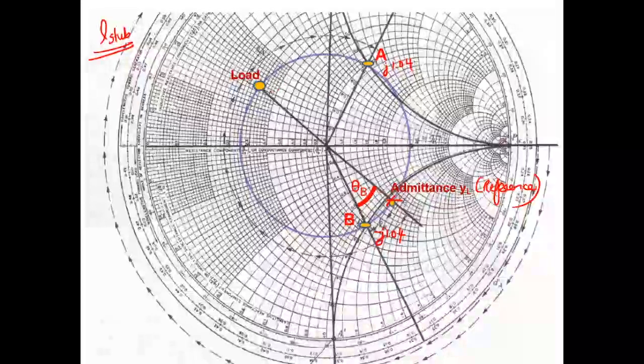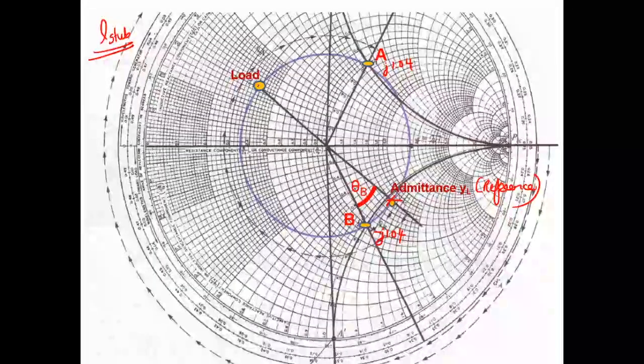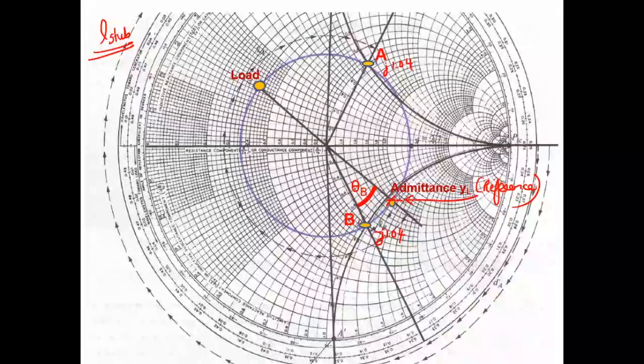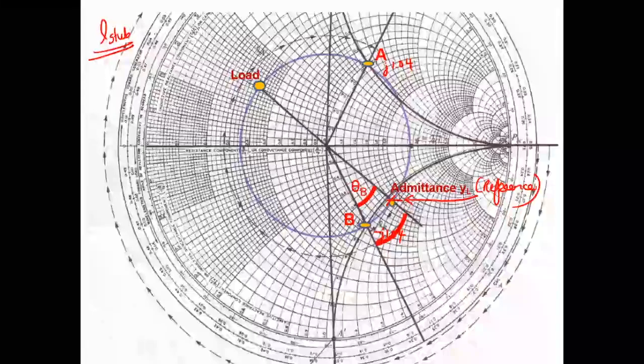This is the load point, and in the case of a stub, we identify the corresponding admittance point. So in this problem, throughout, the reference point is this point, and the possible locations are A and B. So you calculate theta B, and the next will be this one.